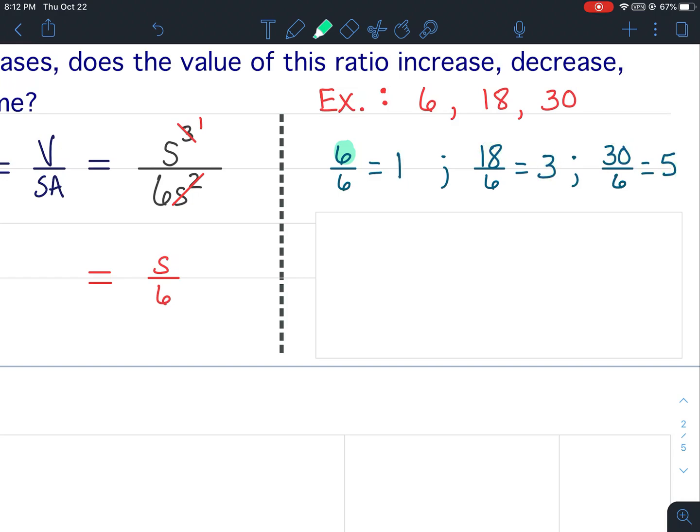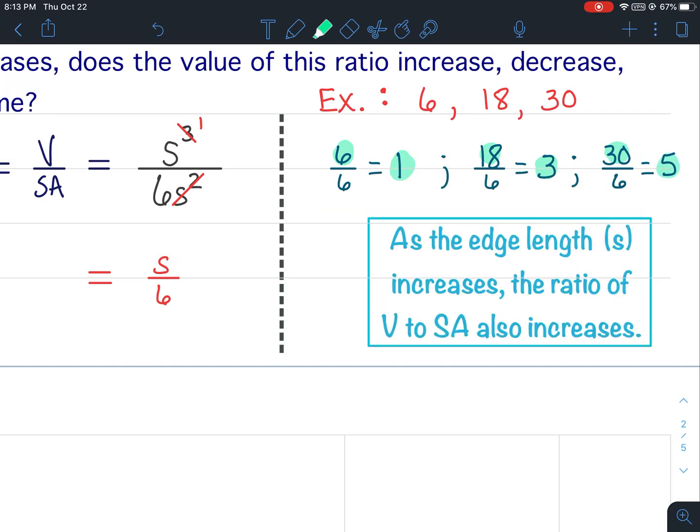Therefore, as the side lengths increased, as those numbers increased, the ratio also increased. So as the edge length, or the S, increases, the ratio of volume to surface area also increases.